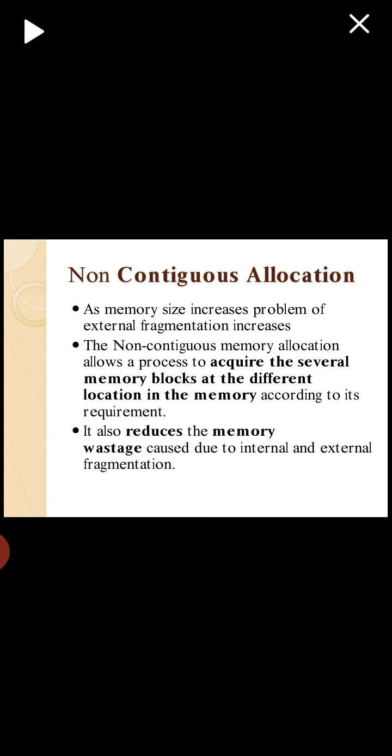It also reduces the memory wastage caused by internal and external fragmentation. So non-contiguous allocation provides the facility to acquire several memory blocks at different locations as per requirement, and to reduce memory wastage. That is one of the best facilities provided by non-contiguous allocation.